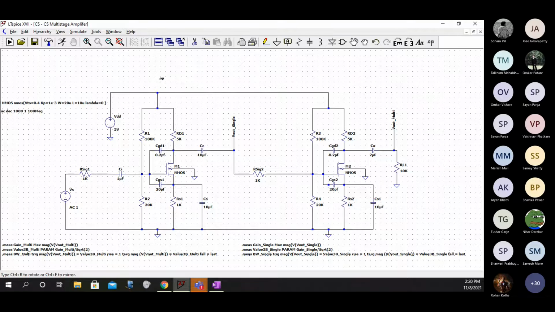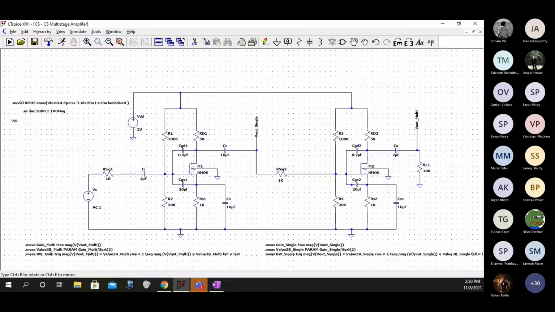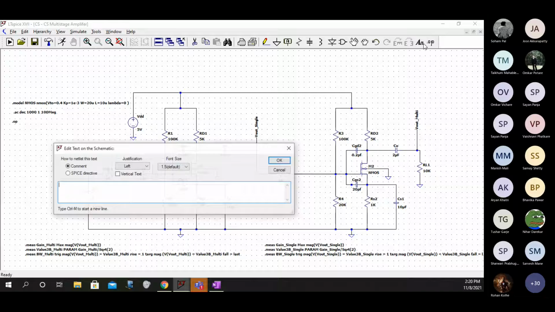All other specifications are the same, absolutely no change in that. You can see that very well. I'm just naming this.